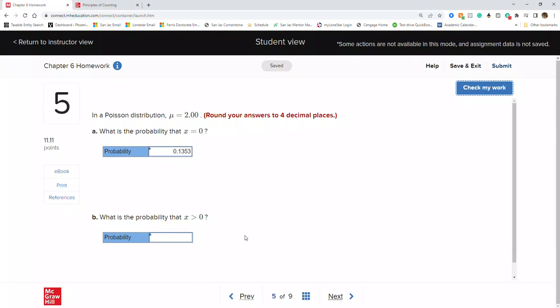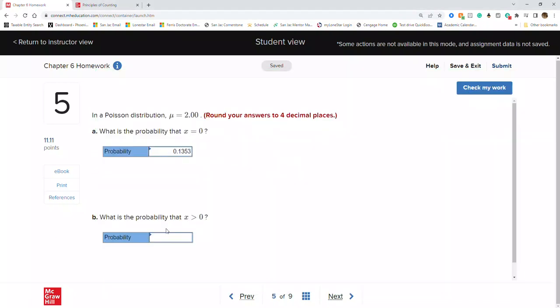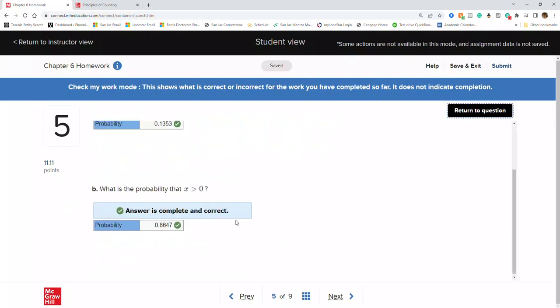So all we have to do is take 1 minus this number. I can pop out the calculator, but we'll just use this. 1 minus that number right there. So it's going to be 0.8647. Check. And there you go, that's question 5.